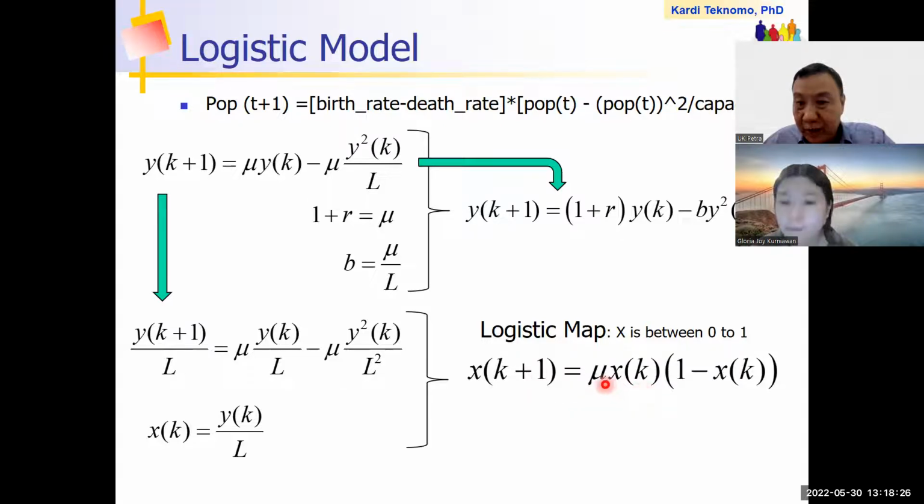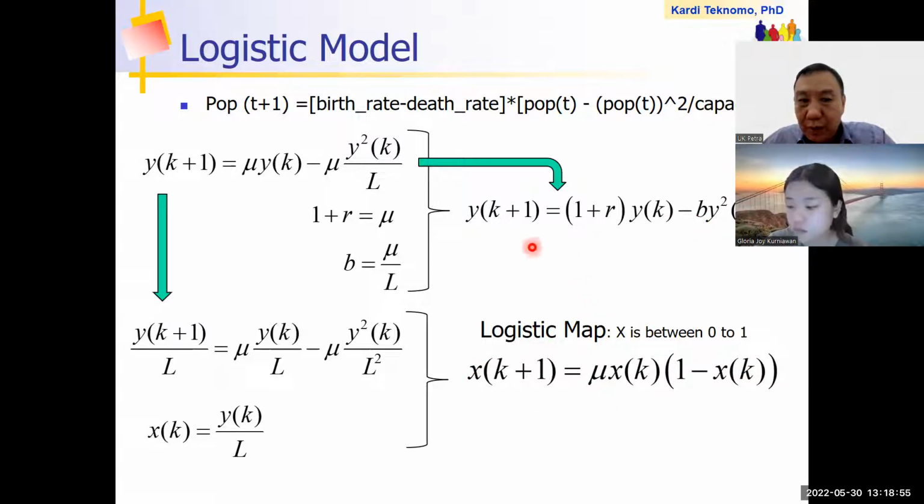Again, this is still quadratic: mu x times 1, and then mu x times x, so this is squared. This is probably the one that we will use. But remember that this logistic map is exactly the same as this one. The difference is here you have two parameters, r and b, and here you have only one parameter, which is mu.